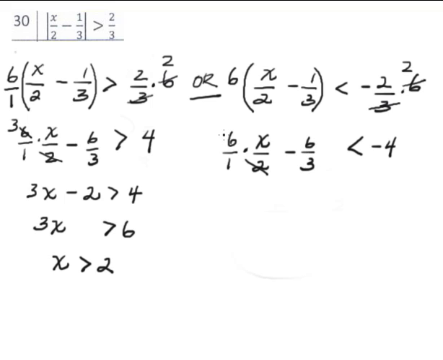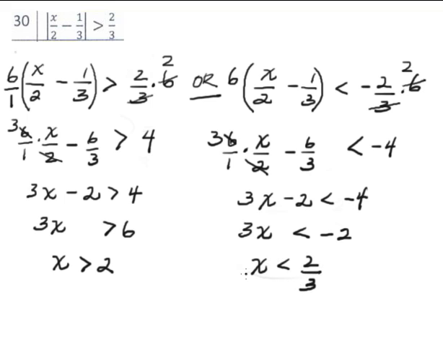So 3x minus 2 less than minus 4. Add 2 to both sides, so we have 3x less than minus 4 plus 2, that's minus 2. Divide by 3, we have x less than minus 2/3. And we have an or in between: x greater than 2 or x less than minus 2/3.